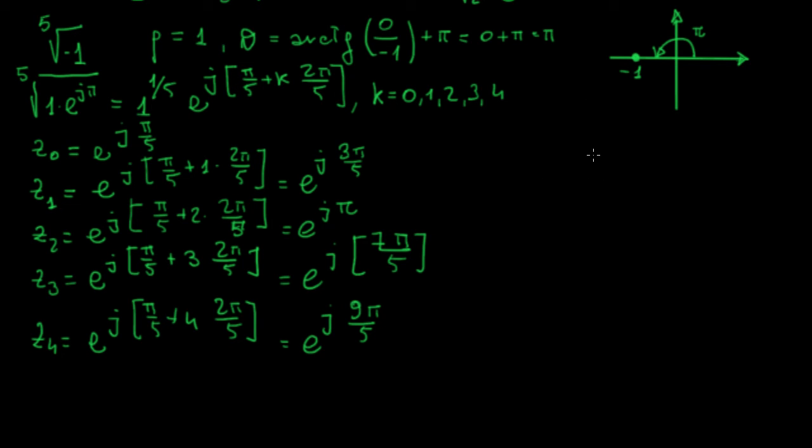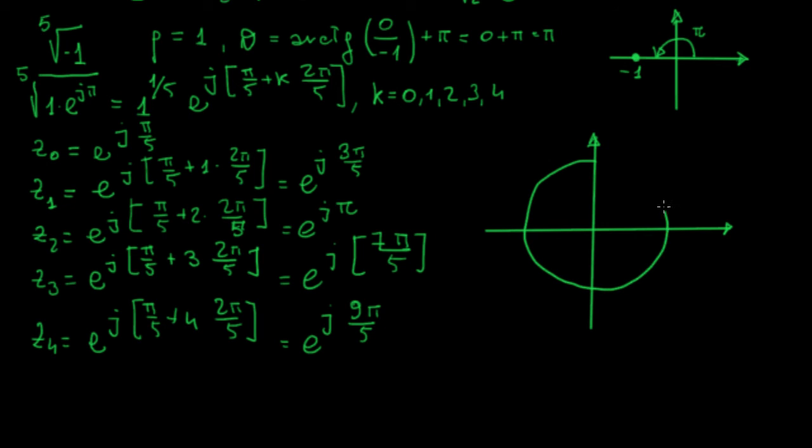So if we want now to see where these roots are located on the complex plane, we soon know that all roots are located on a circumference with a radius of 1. The first root is located at pi over 5, which is roughly here.